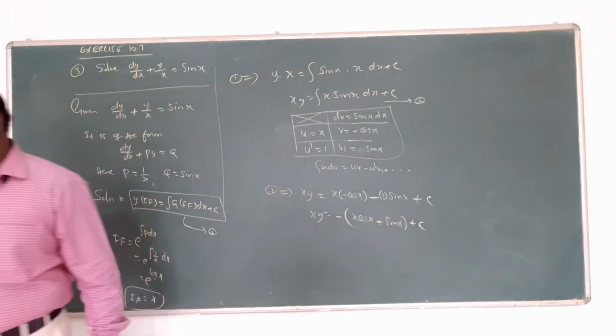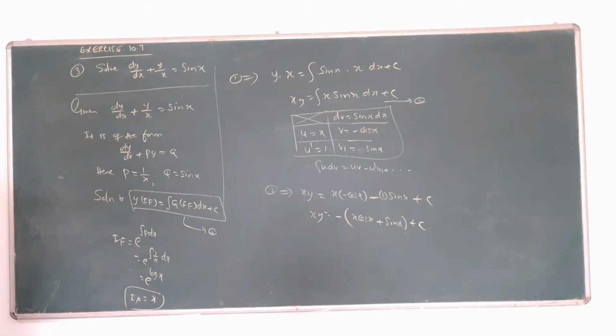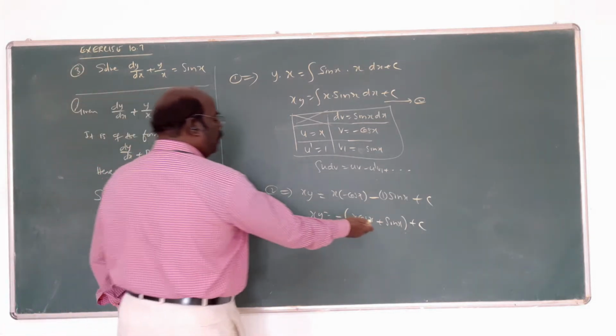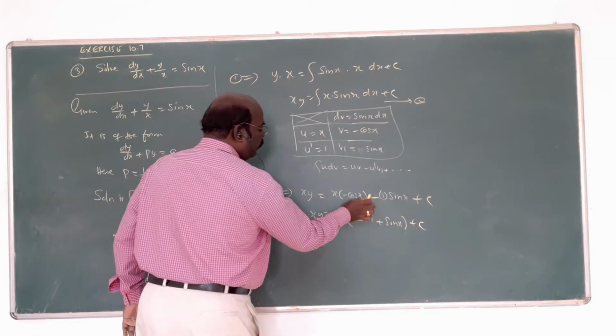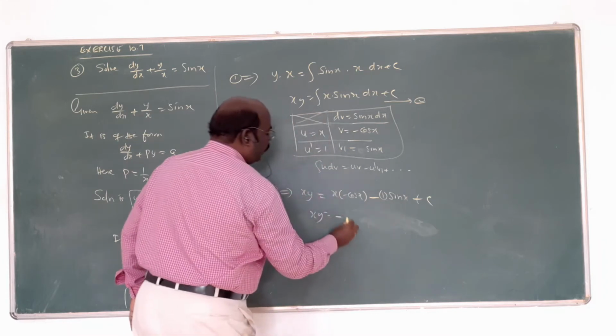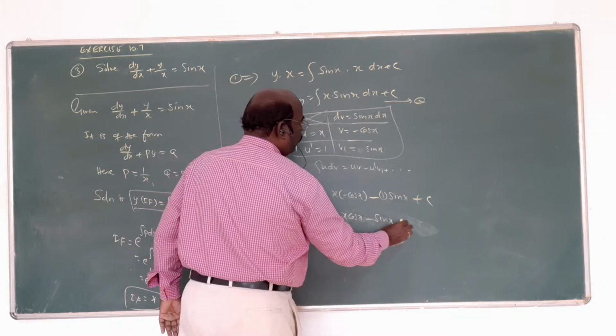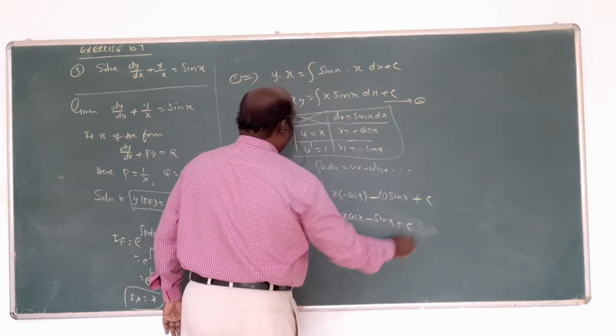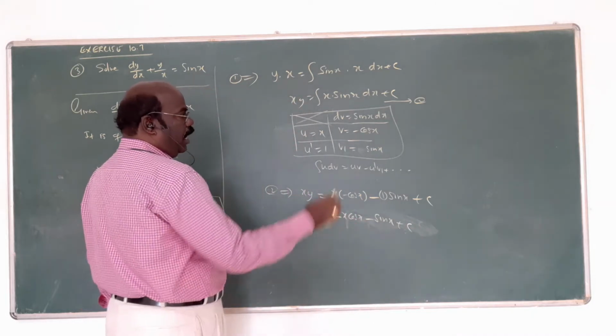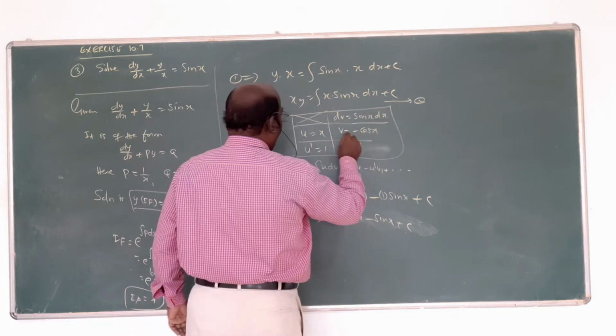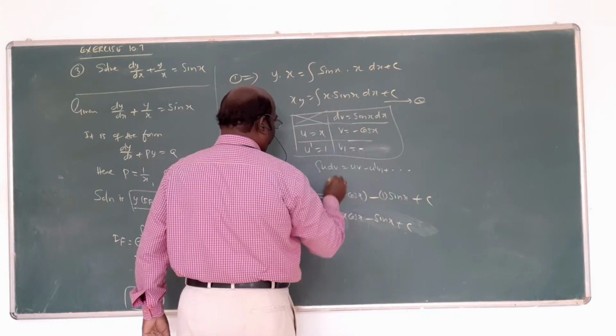What is the left hand side? The answer is minus x cos x plus sin x plus c. Am I right? Actually v1 equals minus cos x only.